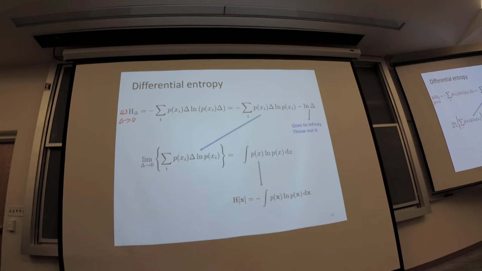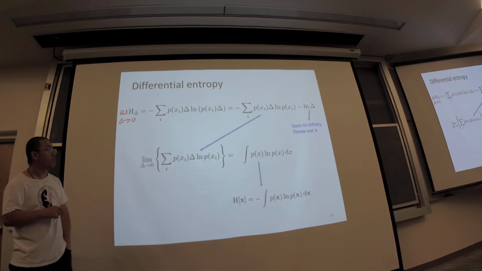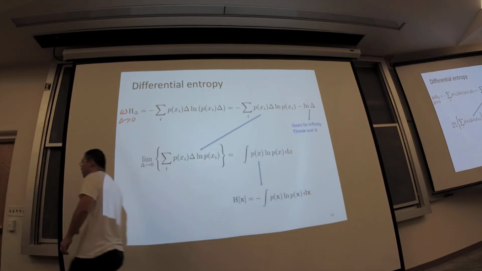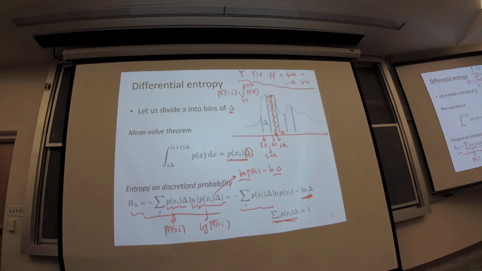Why is it minus logarithm of that and not plus? You mean this part? Yes. Okay, is this formula okay? So this part is logarithm p(x_i) plus logarithm delta, right?